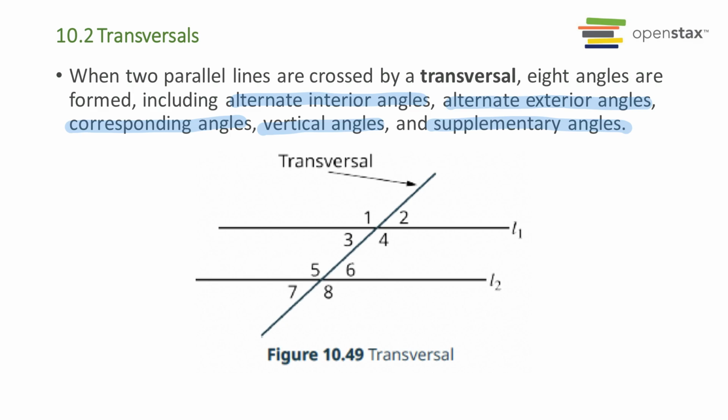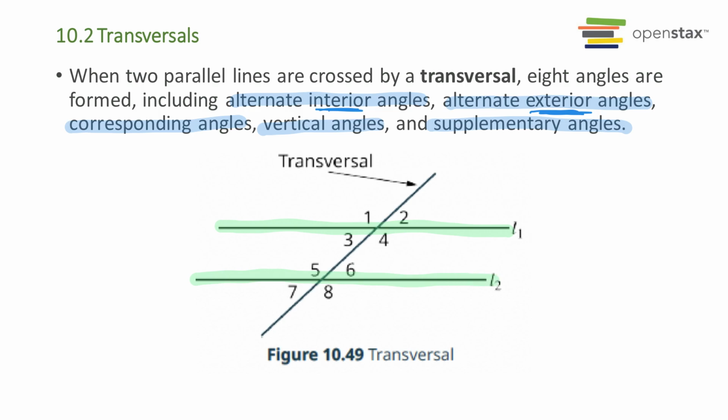When we have the idea of interior versus exterior, what we're talking about is in terms of the parallel lines. So interior to these parallel lines, let me highlight the parallel lines, are 3, 4, 5, and 6.